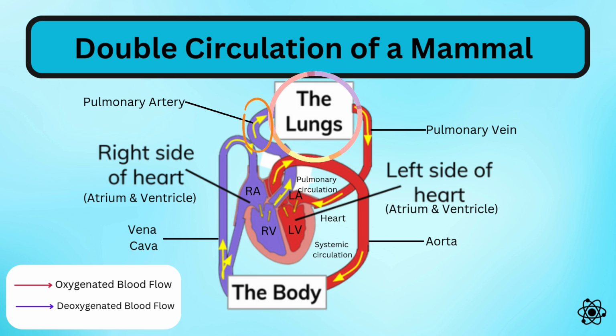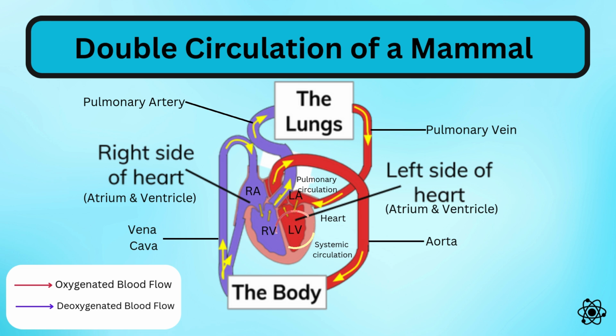The pulmonary artery carries this blood away from the heart. Gas exchange happens at the lungs and deoxygenated blood becomes oxygenated blood, and then oxygenated blood enters the left atrium via the pulmonary vein.